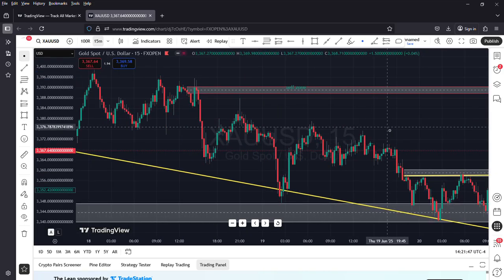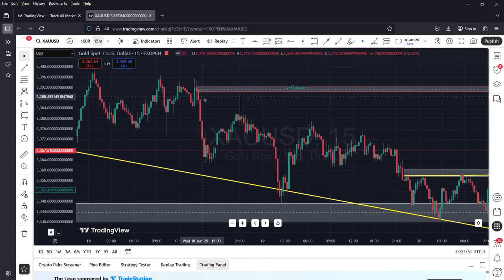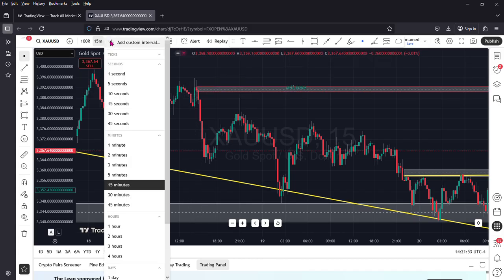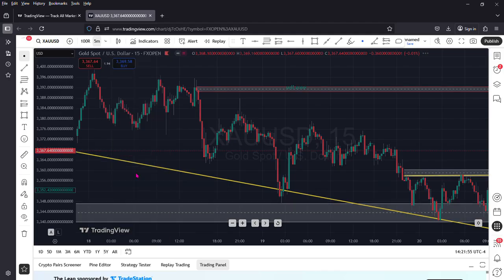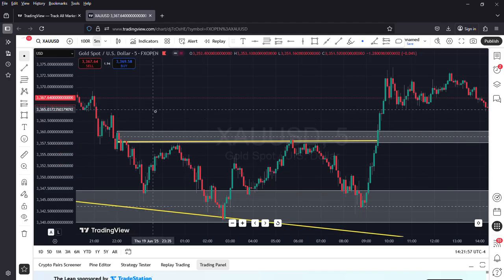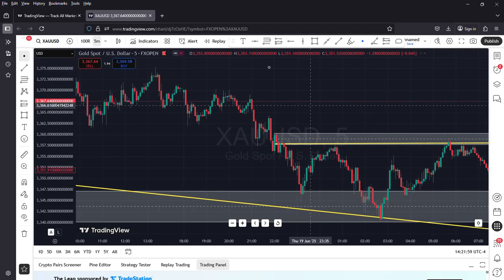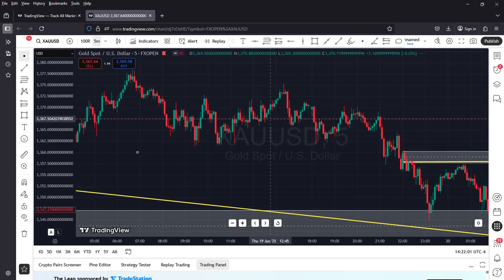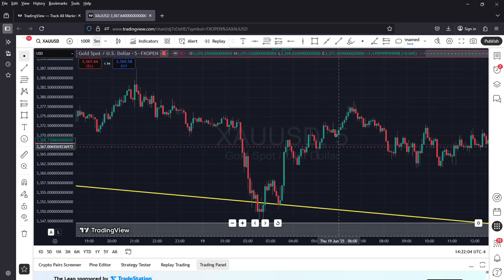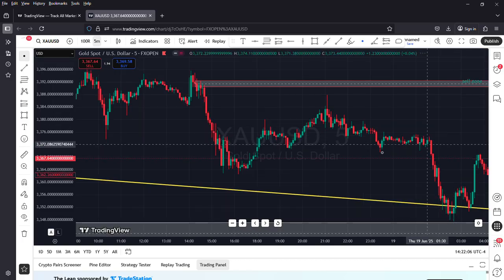We see the sell zone is still active. We go down to 5 minutes to see. So on our 5 minutes, this is our sell zone.